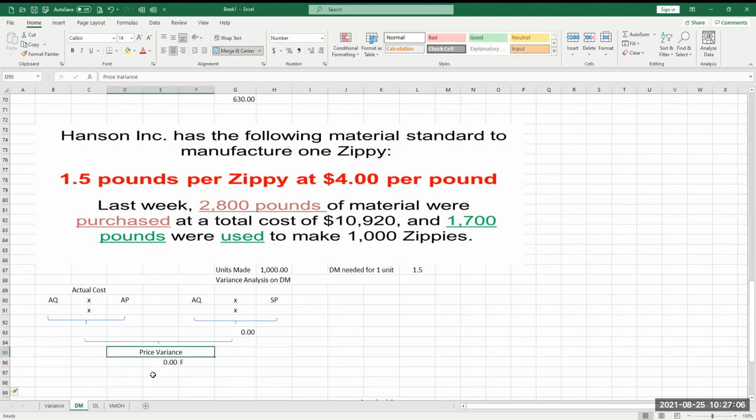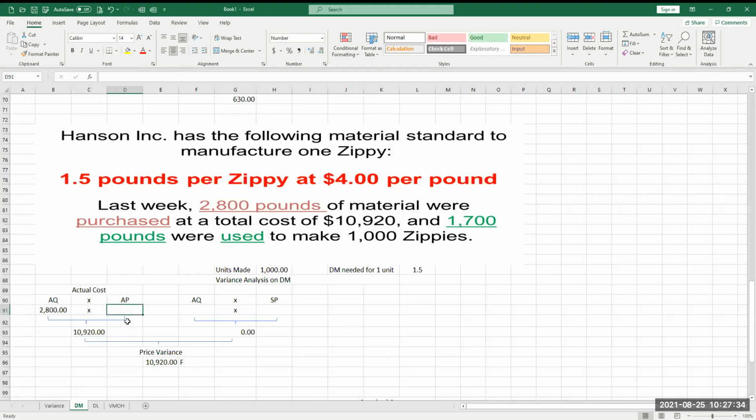How are we going to do this? Do we know the actual material which was purchased? Yeah, 2,800. So let's work with this number, 2,800. Do we know the actual cost that we pay for those materials? 10,920.